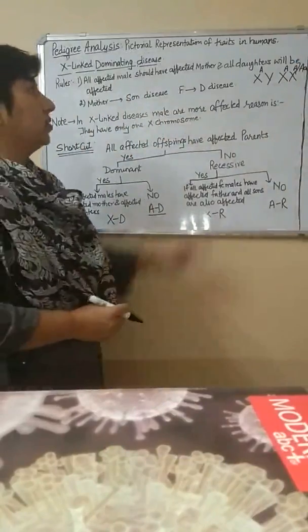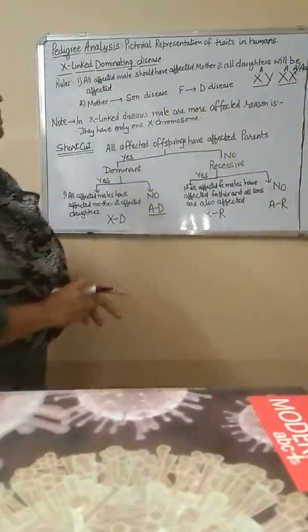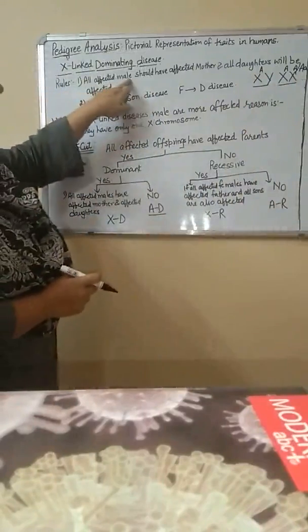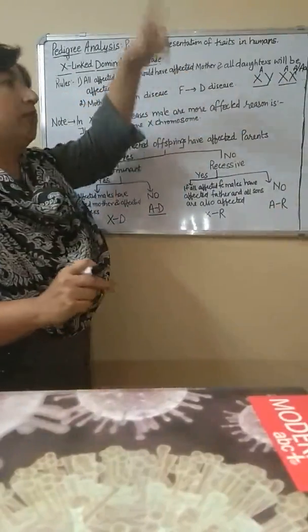So that is for the female and this is for the male. Now the rule is that all affected males should have an affected mother.